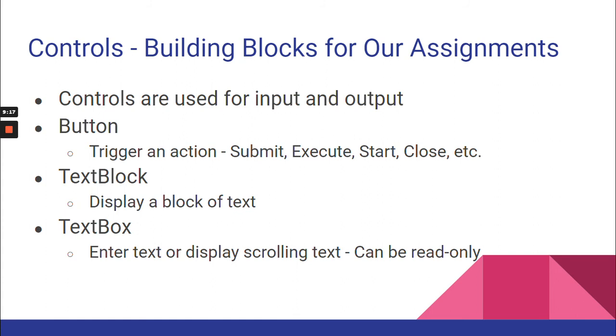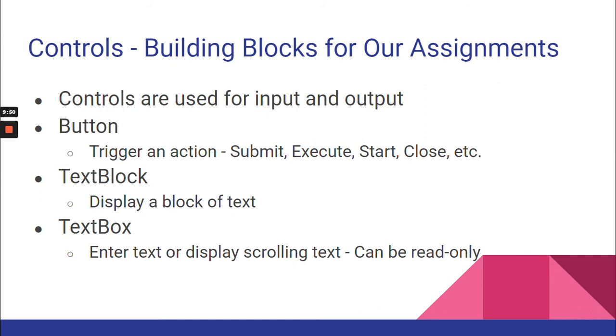Now, a text box can kind of behave like a text block in that a text box can be used to display text. You can make it so it's read-only so they can't type anything in there. A text box also has the ability to scroll text. So there's some similarities between the two, but if you just stay to the primary reasons for these: button, triggering an action; text block, display text; text box, to take input.